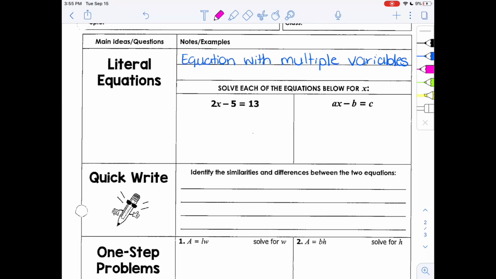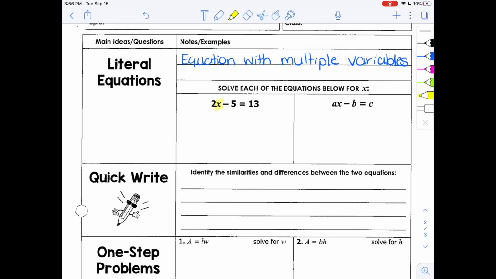So the two-step equation we have on the left is a fairly simple equation. Remember, the purpose of solving an equation is to isolate the variable. By isolating the variable, we are eliminating or getting rid of the other numbers that are on that same side of the equal sign as my variable.